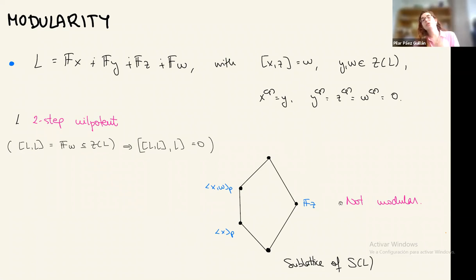So by Birkhoff's characterization, we know that the lattice is not modular, but the algebra was nilpotent of length 2.